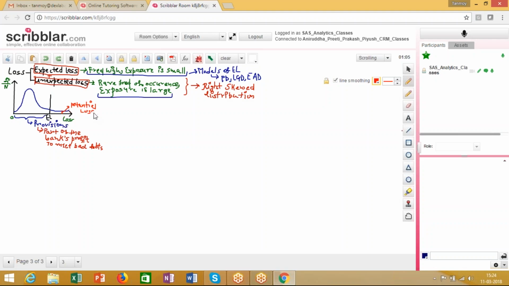So over here the unexpected loss is nothing but the variation or the variance about the expected loss, right? So the unexpected loss is the tail end value which has a high exposure but a very low probability of occurring. And the expected loss is not the distribution, expected loss is the mean of the loss distribution.